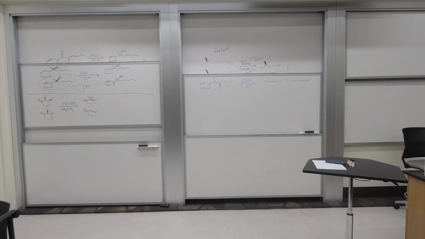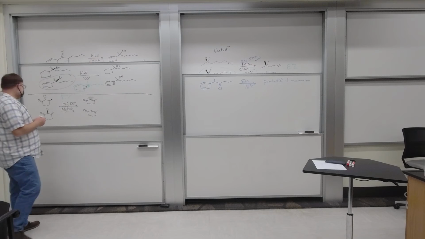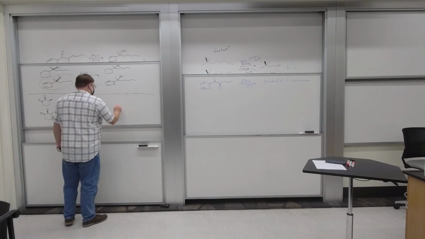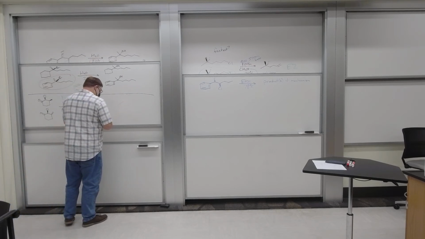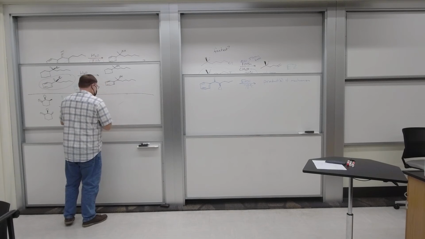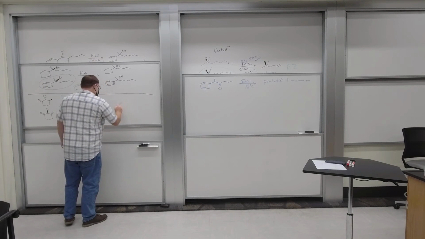So what's the fastest of these two? You say the top? Yeah, I think it is. So what you have to do is think about this as a chair. And it's not a perfect chair.